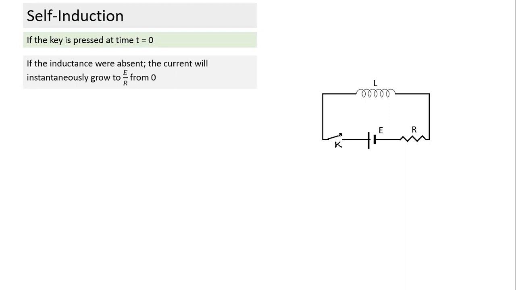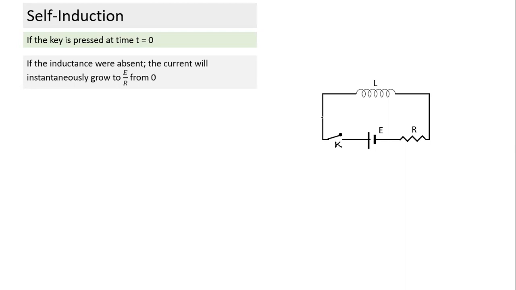Our normal understanding would lead to a sudden change in current. The more sudden the change in current is, the higher is di by dt. If L was not there, the current would have grown instantaneously from 0 to E by R. So the moment we press the key, as far as L is concerned, there is a change in current.